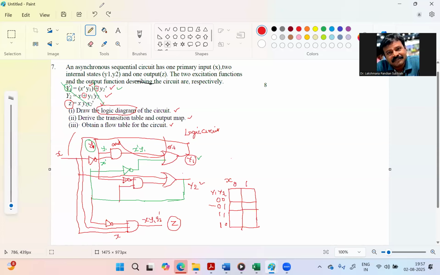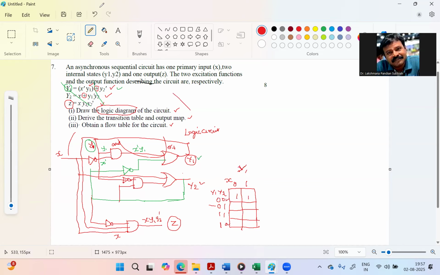Right? Here we are having now that Y2 dash, right? Y2 dash is this 0. So in that row you have to fill 1 1. So this is for Y1 table, right? So this is Y1 table. This is the Y1.